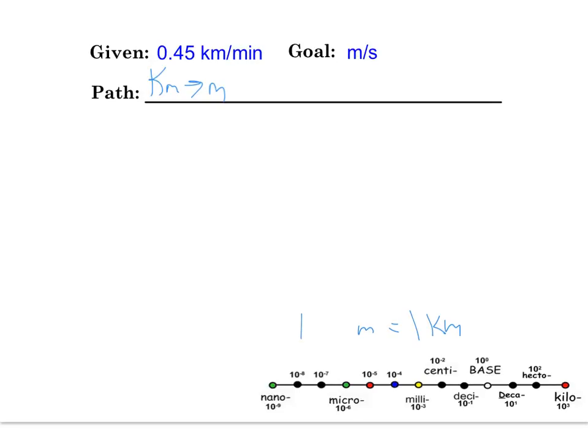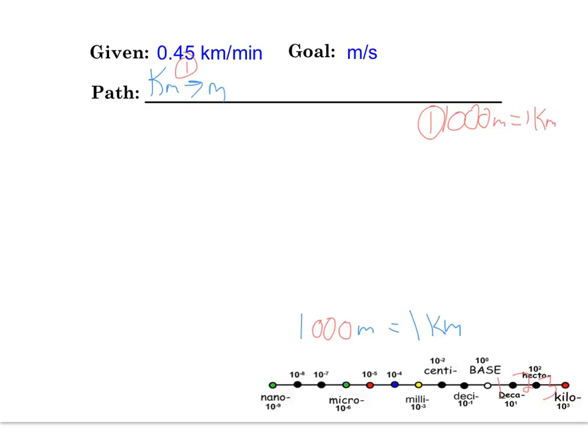In this case, we are going to move over 1, 2, 3 spots. So therefore, we're going to add 1, 2, 3 zeros. And so we have our first conversion here. And that first conversion is that 1,000 meters equals 1 kilometer.